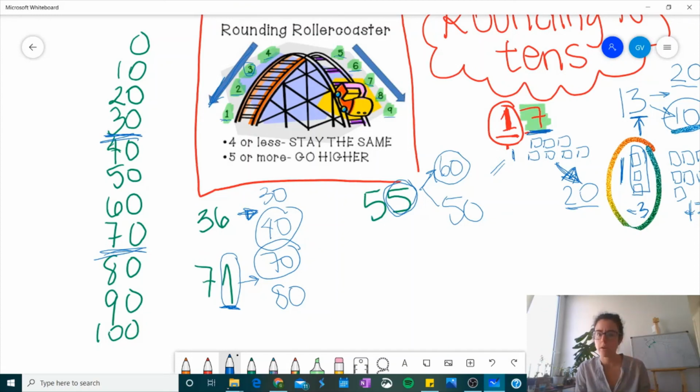So when you're in doubt, first count your tens, and then think, okay, does this number go between these tens? What are the two options? If it helps you, you can remember the roller coaster. You can make a number line. There are lots of strategies, all right?